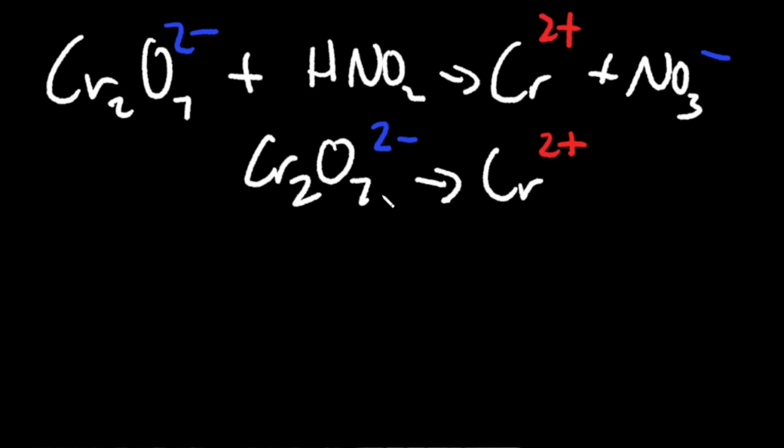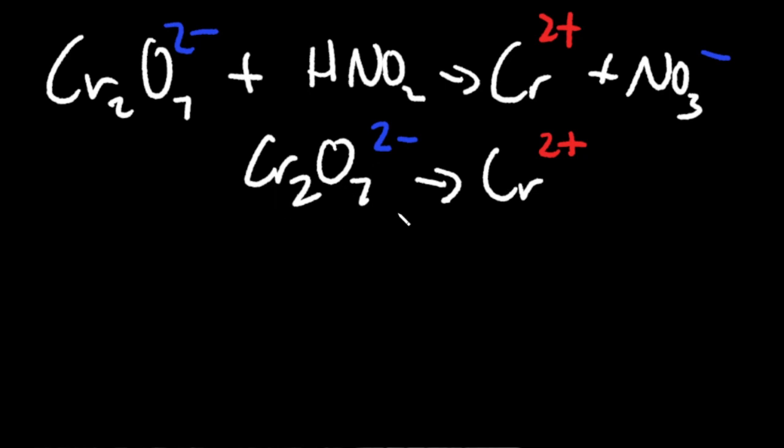This is good information to know. Oxygen typically will have a 2 minus charge, with a few exceptions, such as hydrogen peroxide, where oxygen only has a 1 minus charge. So in this case, oxygen has a 2 minus charge because in general oxygen has a 2 minus charge.